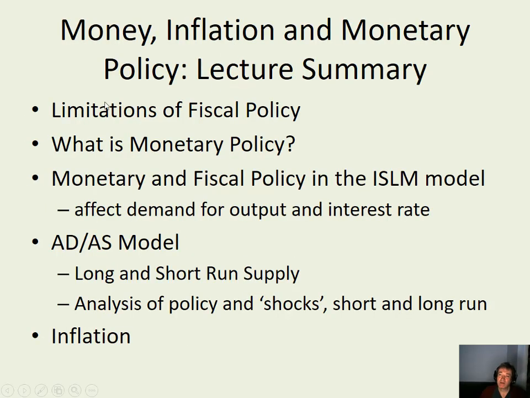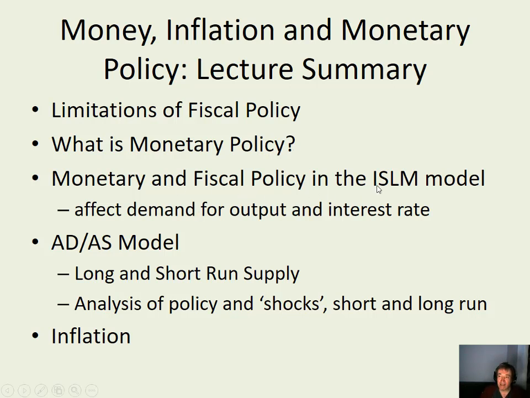So, summary. As we saw in the fiscal policy lecture, fiscal policy is potentially very powerful. There are limits as well as the crowding out, because poor governments have limited capacity to spend, and they're also reliant on donors. Monetary policy is an alternative, the main alternative. That's about control of the money supply, money markets and interest rates.